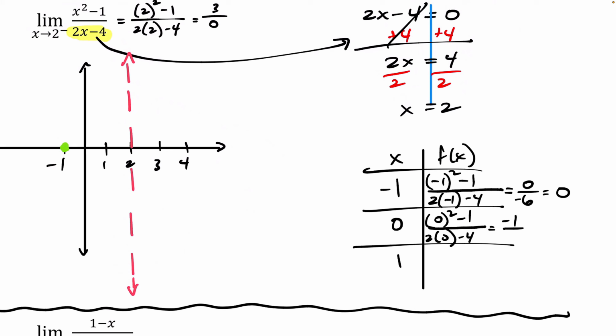The bottom, 2 times 0 is 0, minus 4 is -4. And a negative divided by a negative makes a positive. So -1 over -4 is really positive 1 over 4. So I'm going to make that dot at 0. If that's 1, that would be right about there.